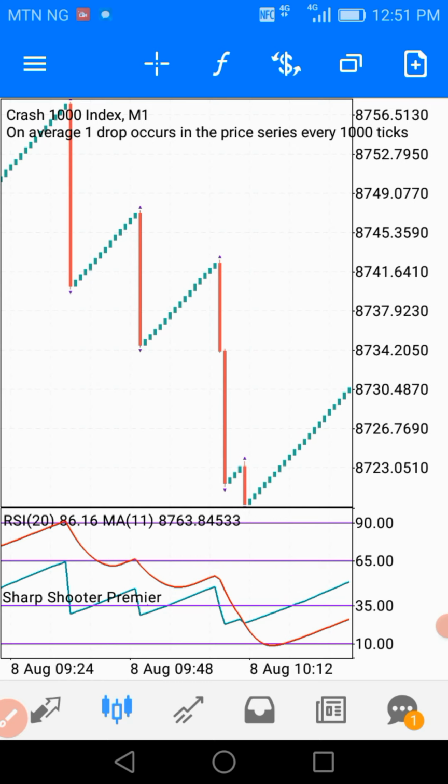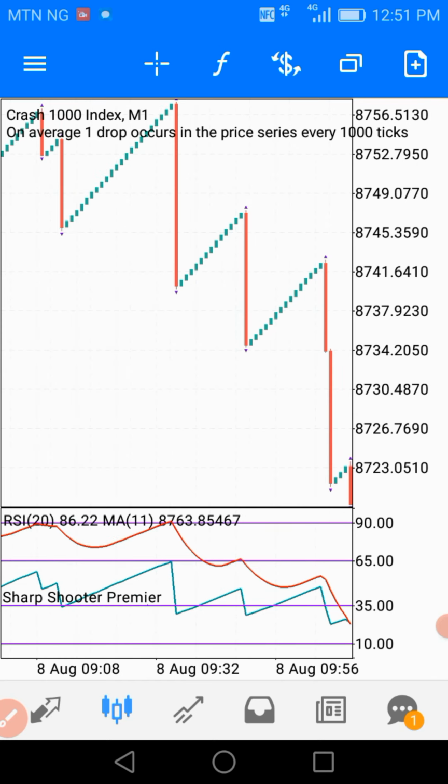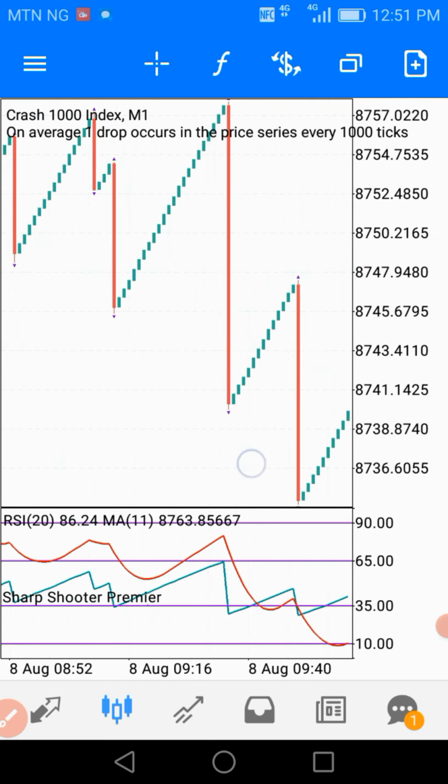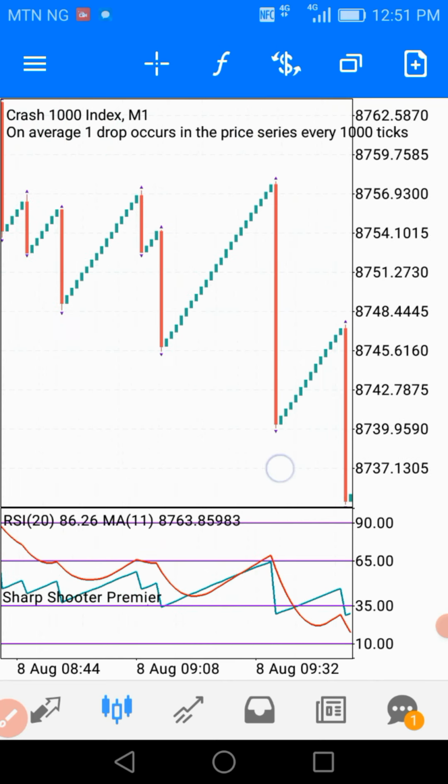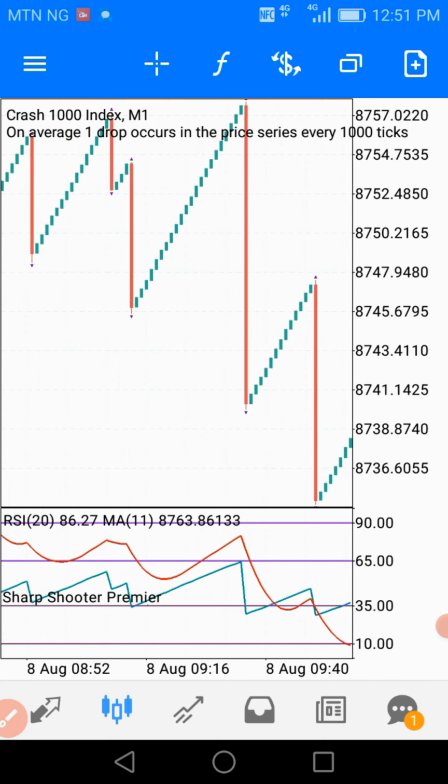Do not panic about spikes because it's part of it. You cannot completely avoid it, but you can maneuver your way and still end in profits at the end of your trading session.